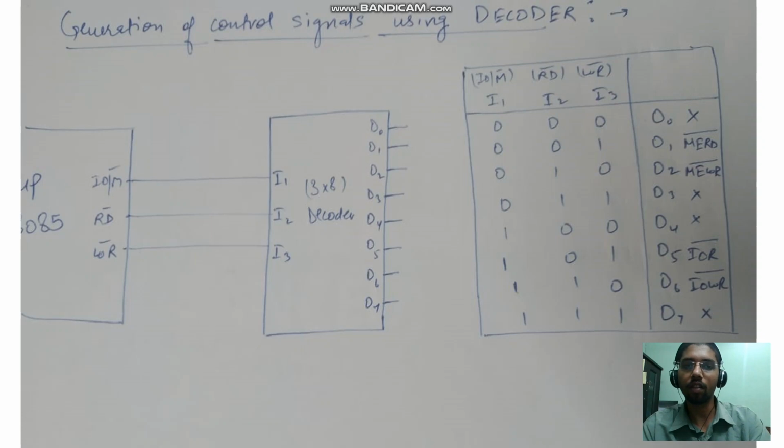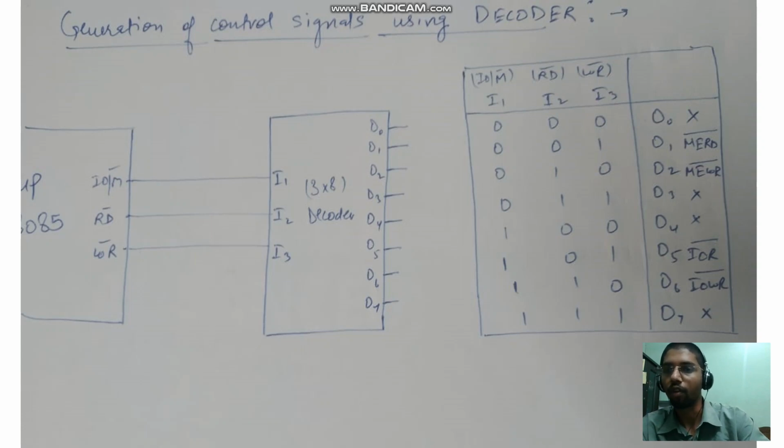Then for these three inputs, we can generate a table to produce the outputs, as follows: 0 0 0, 0 0 1, 0 1 0, 0 1 1, 1 0 0, 1 0 1, 1 1 0, 1 1 1. For the memory read operation, IO/M bar will be 0. That's how the memory operation will be activated, because it's an active low signal.